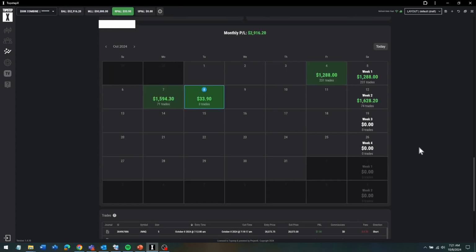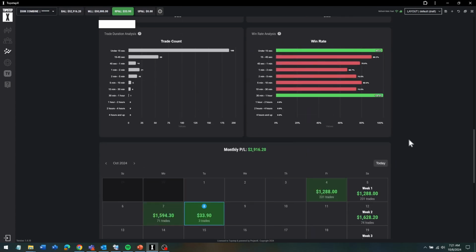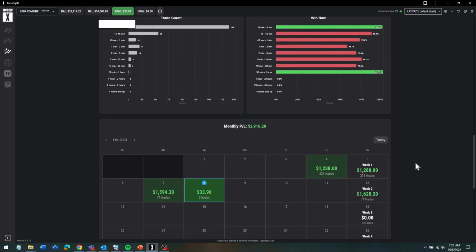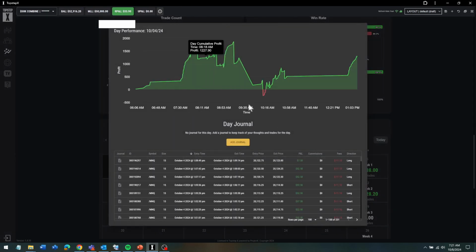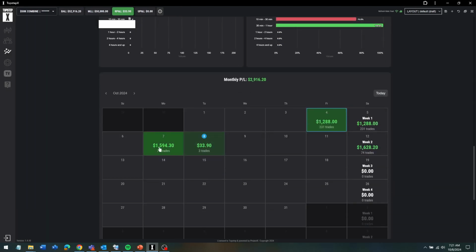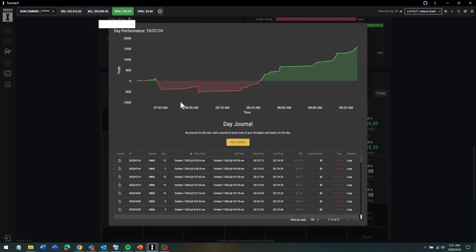And attempting to trade on hours that just didn't make a lot of sense as far as my ability to trade goes. These are some great tools that they have here on Topstep.